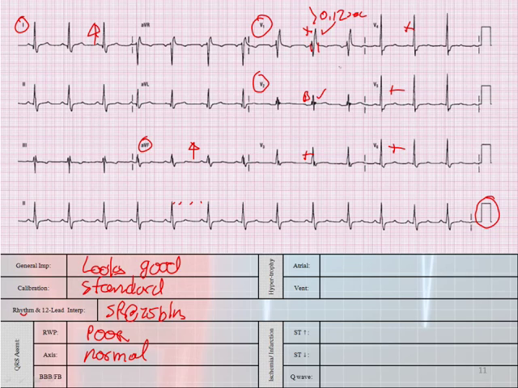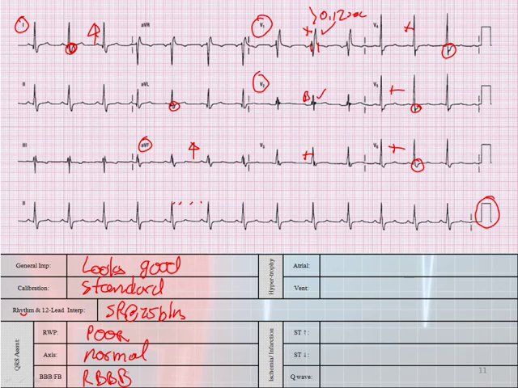Now let's look at my supporting criteria in the lateral leads. Do I have a slurred out S wave here in the lateral leads? I sure do. I have one there. I have one there. And I also have them over here in V5 and V6. And I even have a slurred S wave in V4. This would confirm that I have a right bundle branch block.